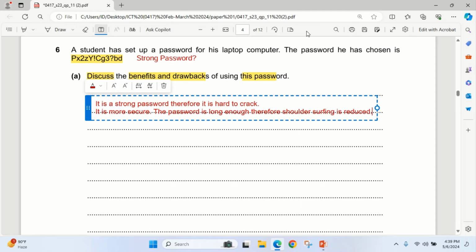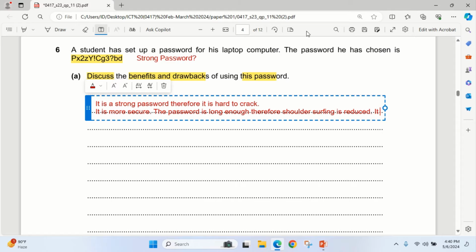Okay, take note of that. And another good thing about this password that is a benefit is that it is not easy to guess. Why? Because it does not contain personal information. A strong password shouldn't contain personal information because somebody could easily guess that and guess right.